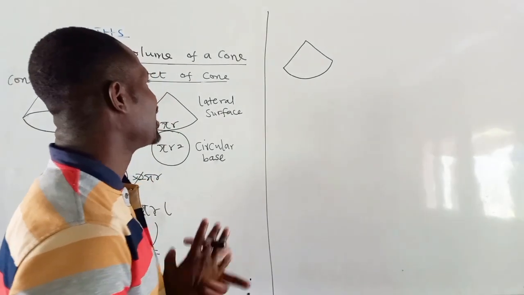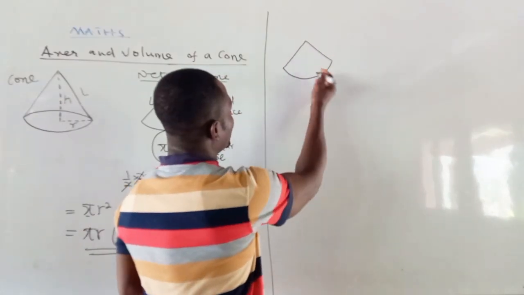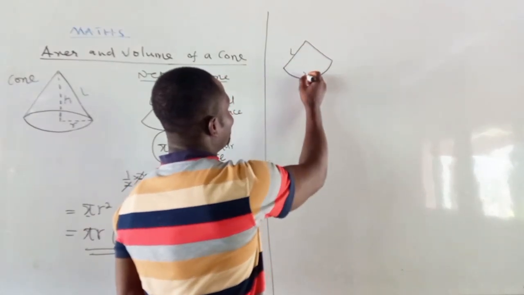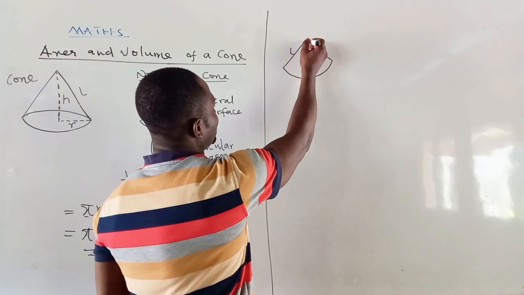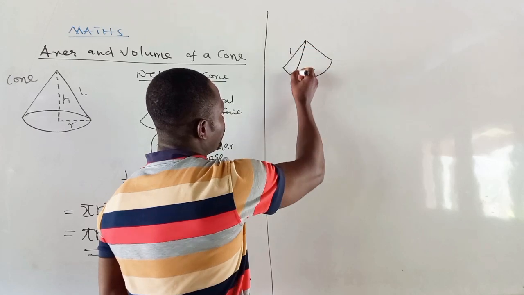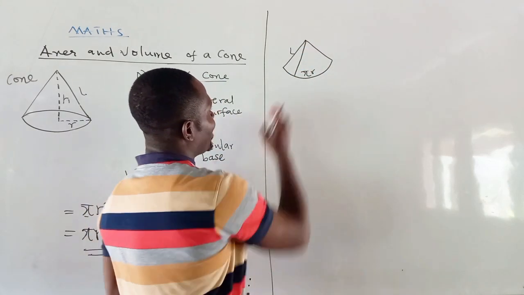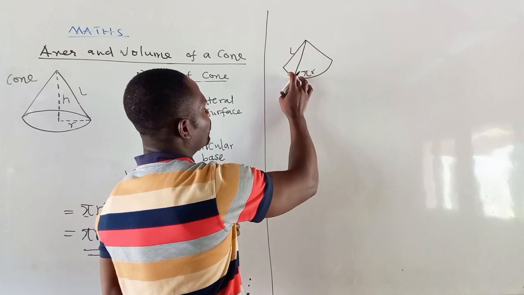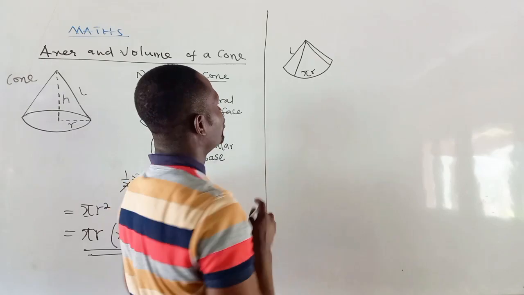Now we want to look at the reason why the surface area of this should be the slant height times pi radius. When you cut this from here to this place, you realize that a triangle is formed. You can cut it to this side too, and we have a triangle.